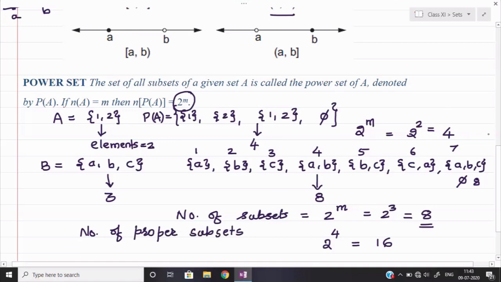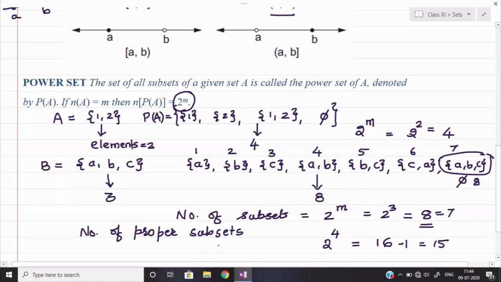Here A, B, C is not proper, and every other one is proper. So out of 8 you subtract 1, or out of 16 you subtract 1. So the number of proper subsets is 15 here, and 7 here.